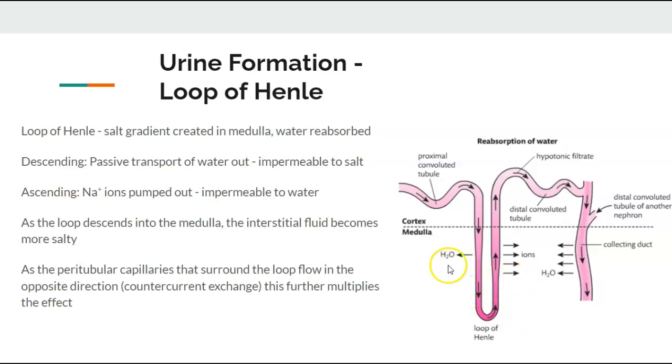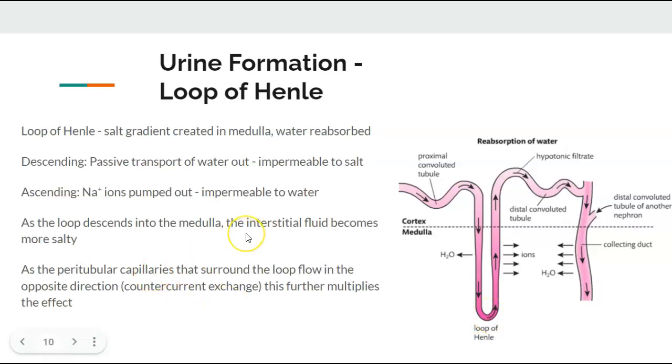So this is the idea of osmosis, water moving out to match up with the concentration outside, versus diffusion, ions moving out from high to low concentration, so that again we're hitting balance. Okay, as the loop descends, the further into the medulla you go, the saltier it becomes.